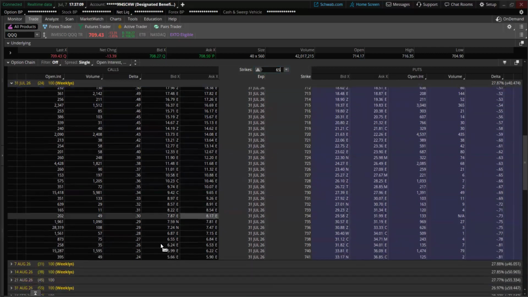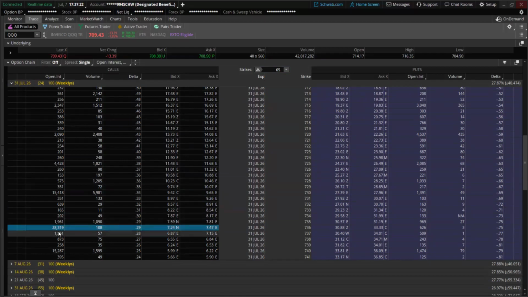And now we're going back to the strike 736. There was open interest yesterday here, and it was much lower. How much lower? It was only 218 contracts that were open. Only 218 for the 736 call strike.